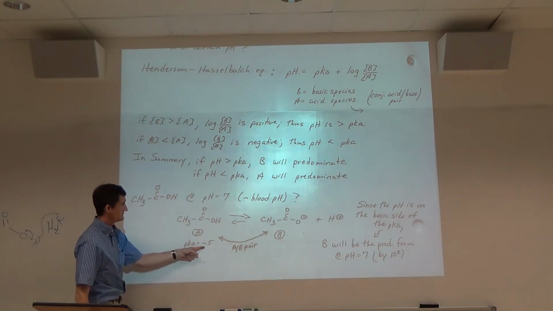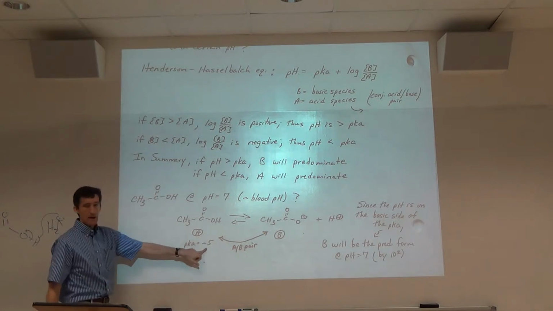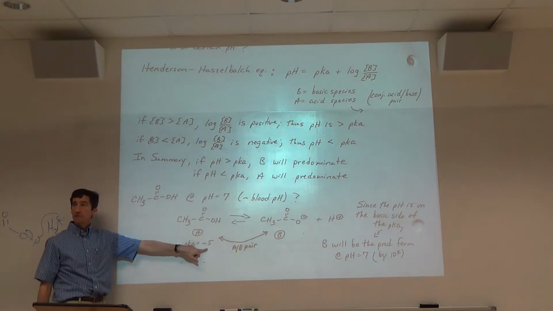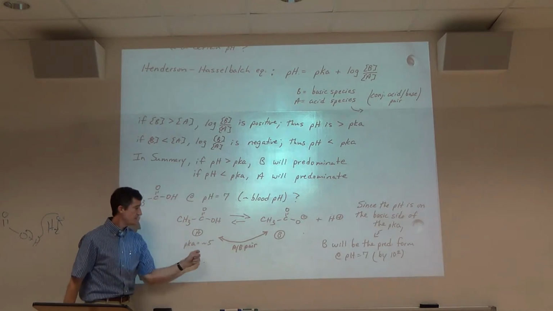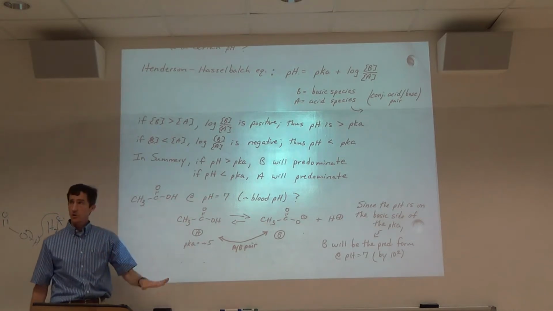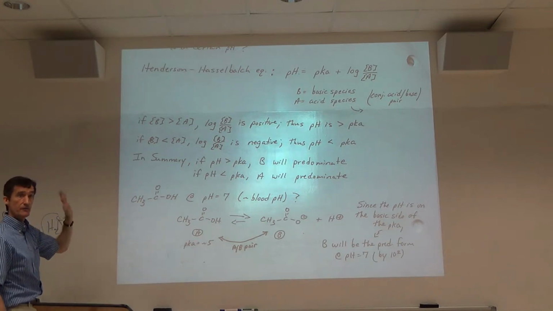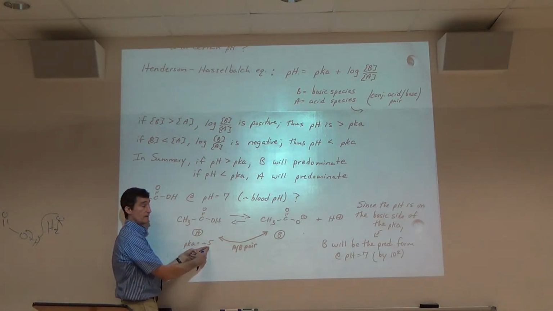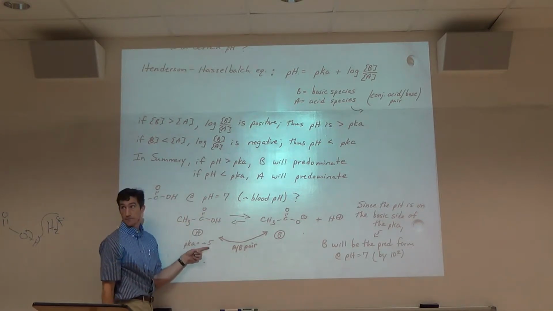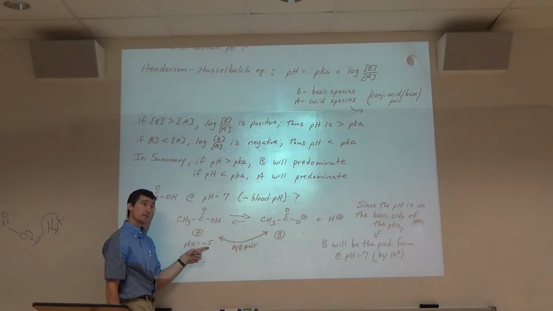It's 5. The thing that can vary, is it on the low side or the high side of the constant? It's the low side. And from the low side, is the acidic species going to predominate or the basic species?